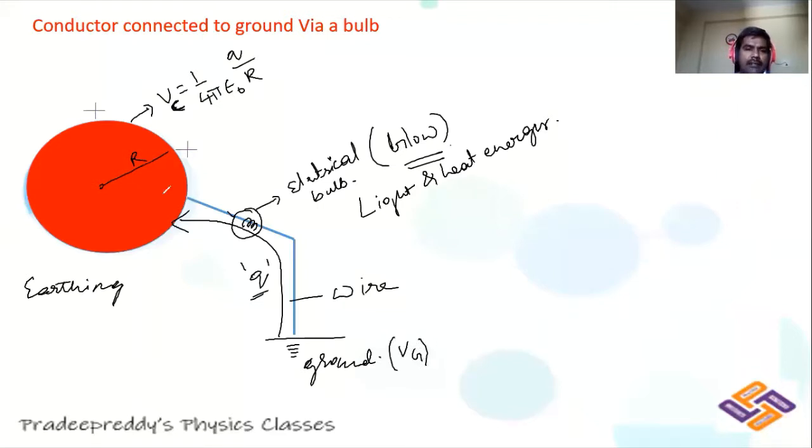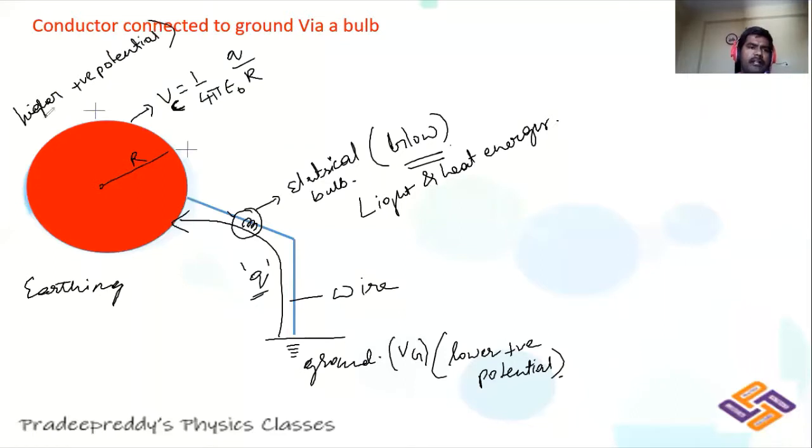Clearly, if you compare the potential of this conductor and the potential of the ground, as the ground has greater negative charges, it is treated as lower positive potential, and this is treated as higher positive potential. This is with respect to positive charge, right?